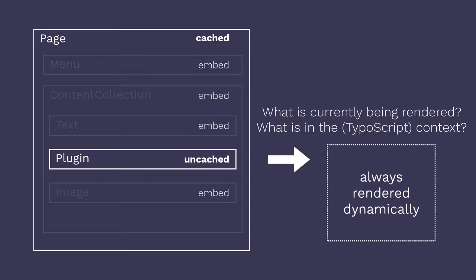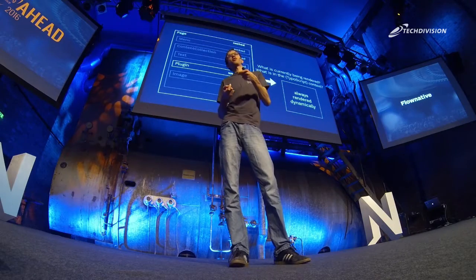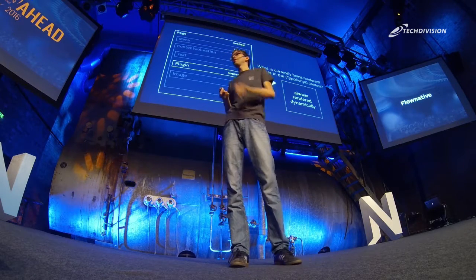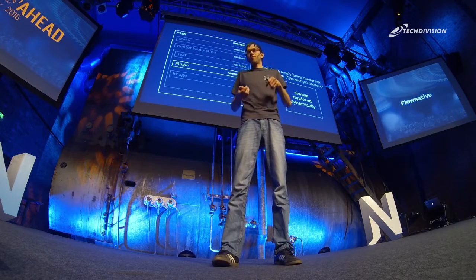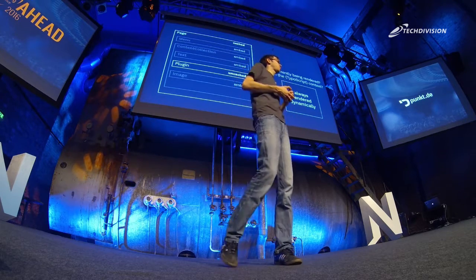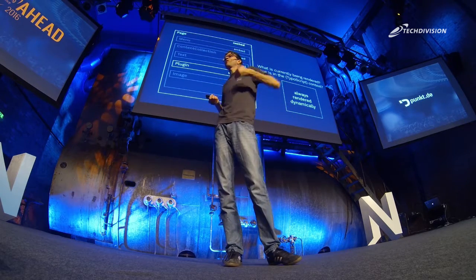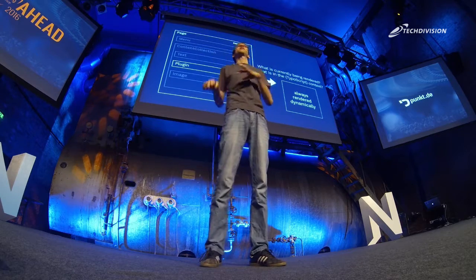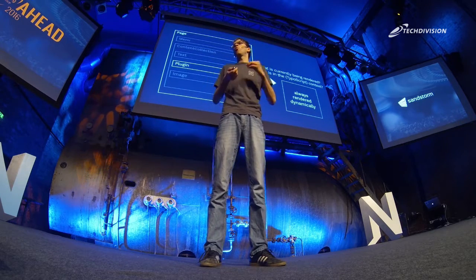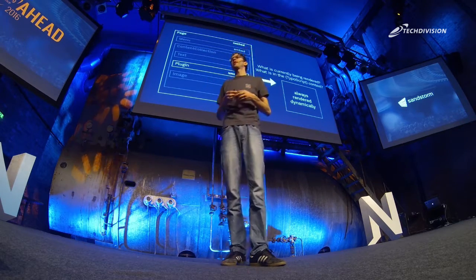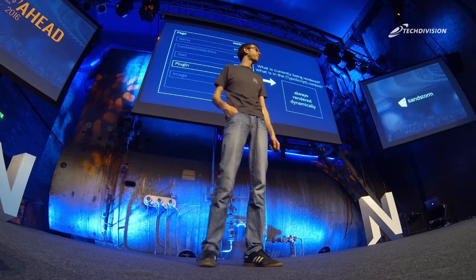So that means on every request, we need to know the exact configuration of the plugin at this particular point. And this boils down to the question, what is actually currently being rendered, and more technically speaking, it means what is actually currently in the TypoScript context to be rendered.